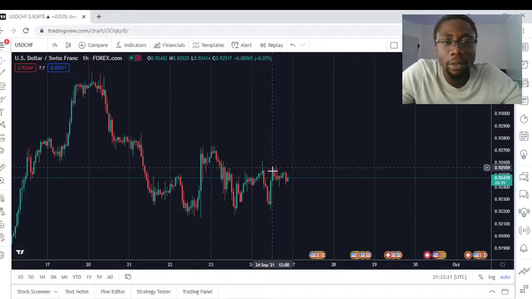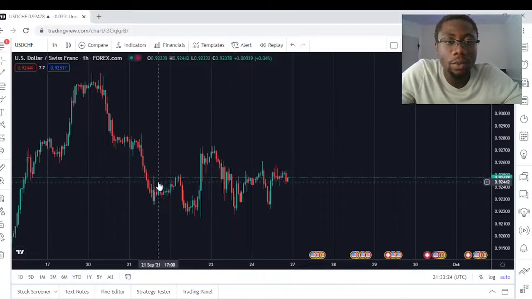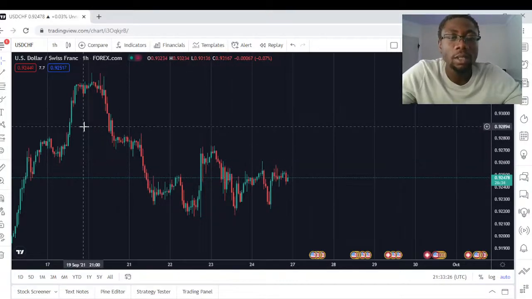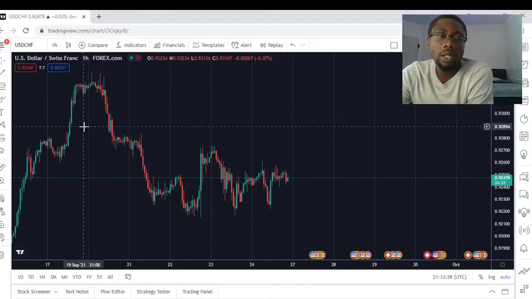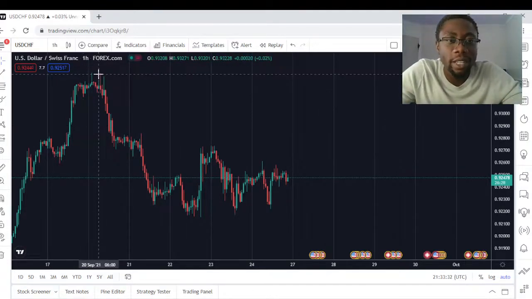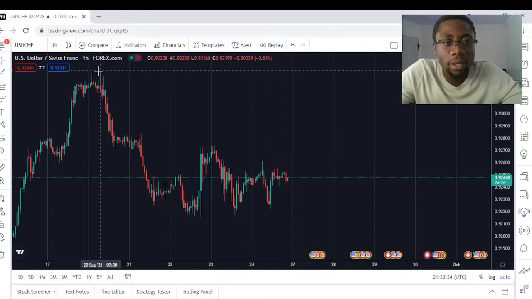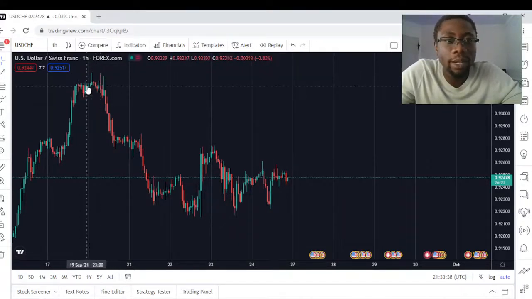Here we can count out. We have 1, 2, 3, 4, 5, 6. So we have about 6 days of price action here. We have a high that was made where price touched several times and failed to break higher.